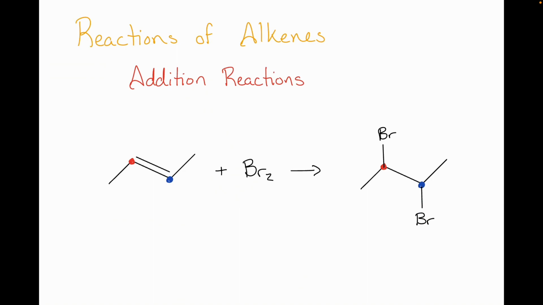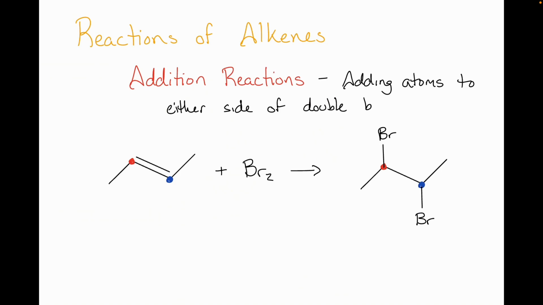So addition reactions, we're going to be adding atoms to either side of our double bond. Oh, you just forgot to draw in the double bond. No, the double bond's gone. Oh, it's gone. The double bond has been replaced with a bromine on either side of that double bond.